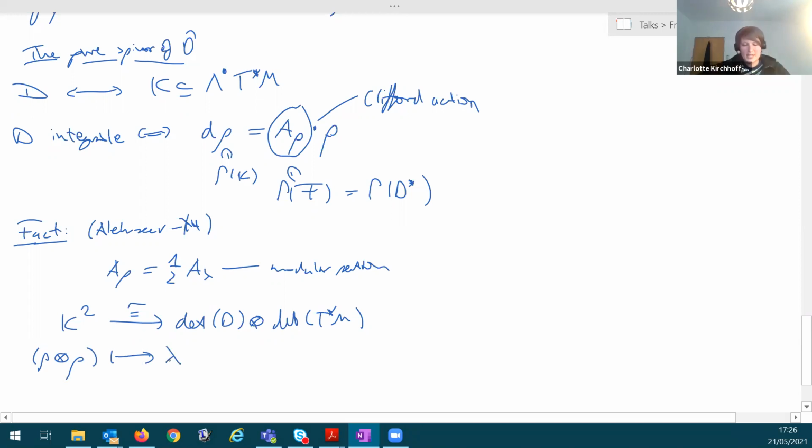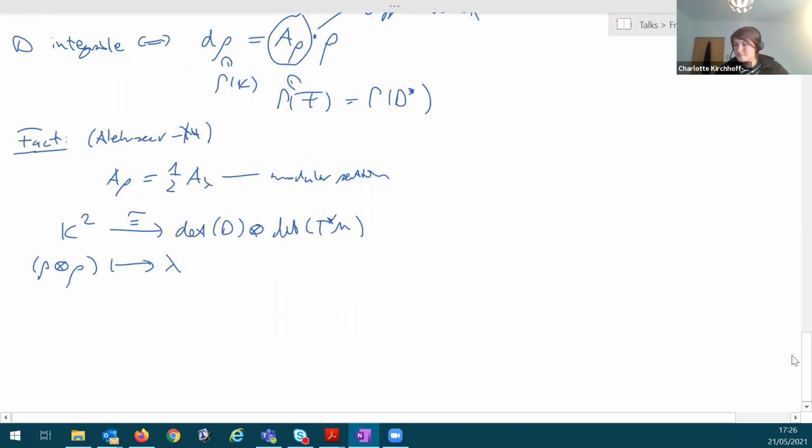So if the local sections of these two bundles are related under this isomorphism, then whatever we get here for the integrability condition of the pure spinor is just 1/2 the modular section. And using that fact, we can see that this is in fact a local section of the pure spinor line for the D hat.